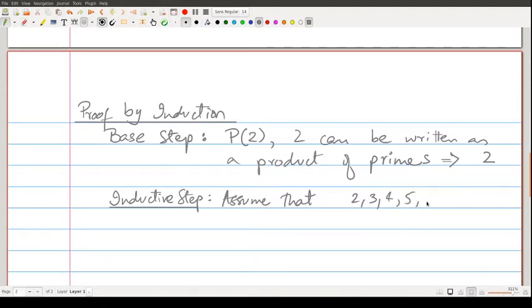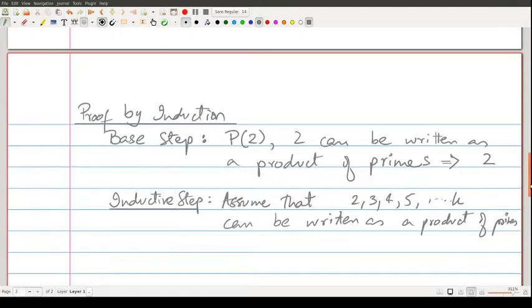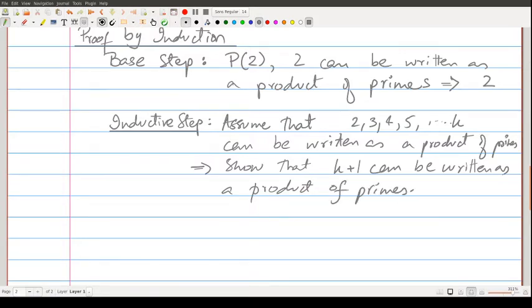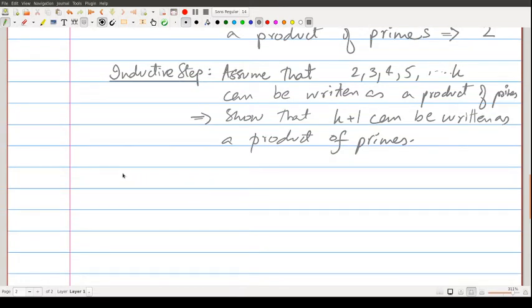So 2, 3, 4, 5 up until k can be written as a product of primes, and then we show that k plus 1 can be written as a product of primes. Now let's say k plus 1 is some number, right? So k plus 1, my assertion is that k plus 1 can be written as a product of primes. So p1, p2, p3, so on, right?